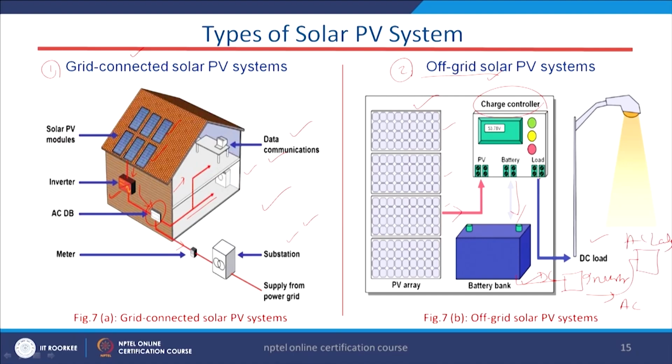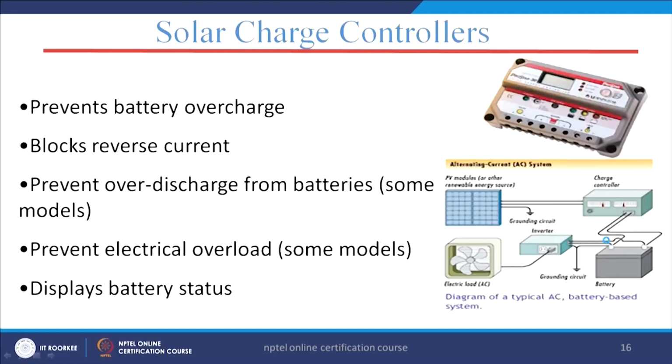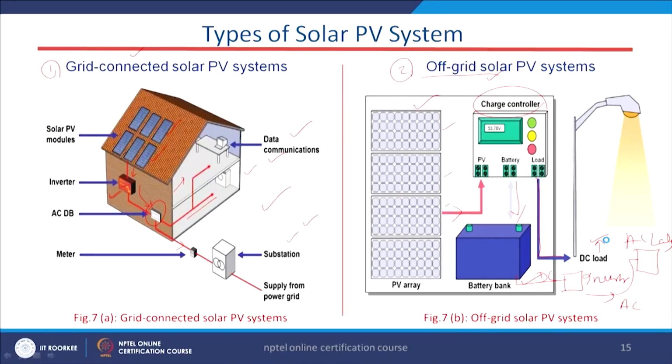And sometimes from the charge controller itself, if we have some DC loads, we can supply the DC power there also. Now, coming to this charge controller, we discussed in the previous PPT that the output of the PV panel goes to the charge controller, and the charge controller output is connected with the battery.